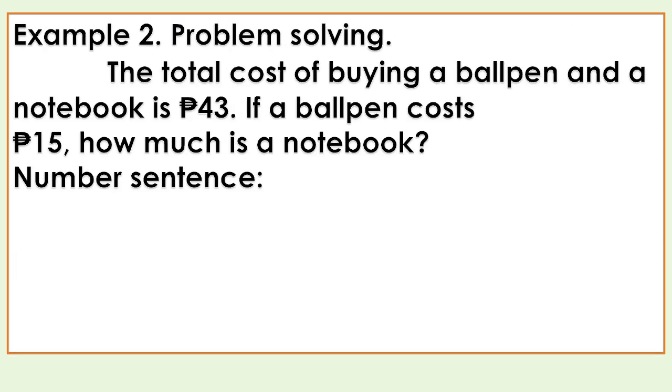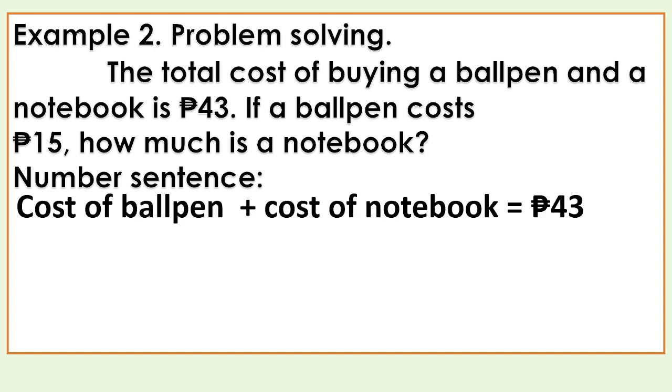Example 2. Problem solving. The total cost of buying a ball pen and a notebook is 43 pesos. If a ball pen costs 15 pesos, how much is a notebook? So the number sentence: cost of ball pen plus cost of notebook equals 43 pesos.